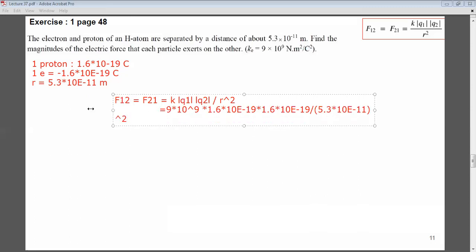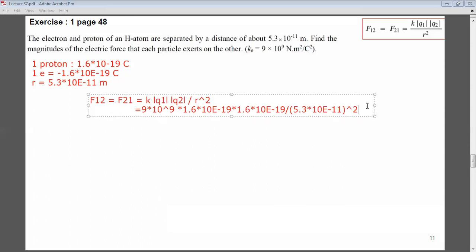This is just a mathematical equation that we use a calculator for, and we get the answer 8.2 times 10 power minus 8. This is force, so the unit is Newton.